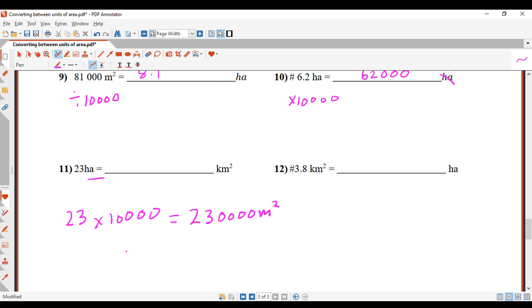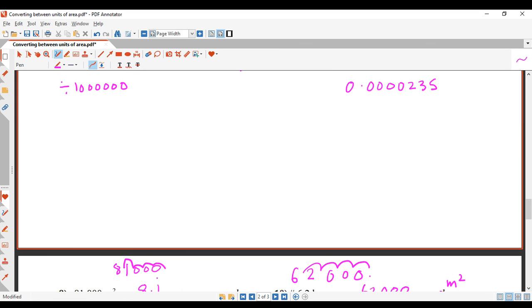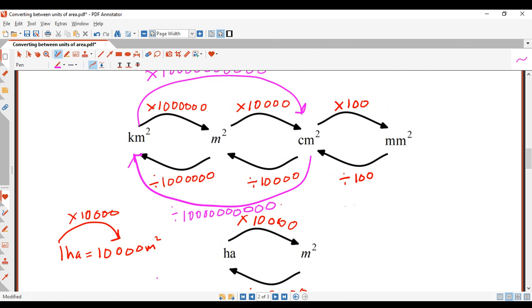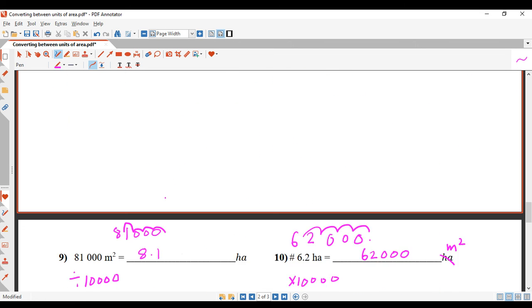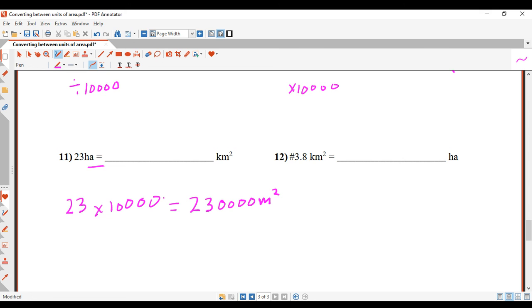Now I've got to convert metres squared to kilometres squared. So just go back to your picture here. Metres squared to kilometres squared, that's here. It's divide by a million. You can see that there, divide by a million. So come back here. We're going to now divide this by a million. 1, 2, 3, 4, 5, 6.